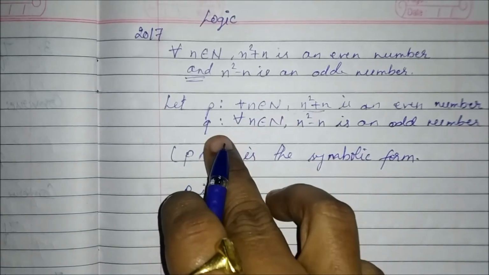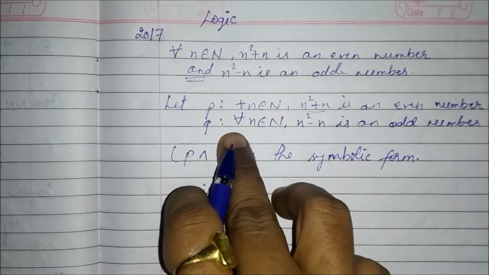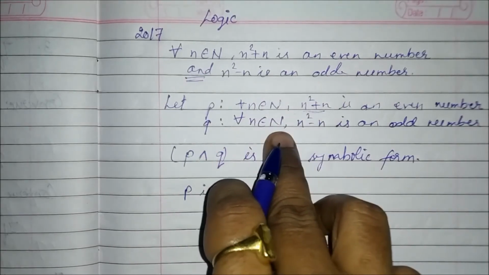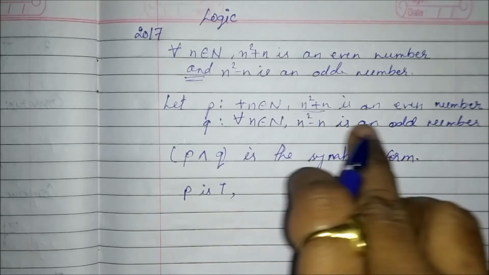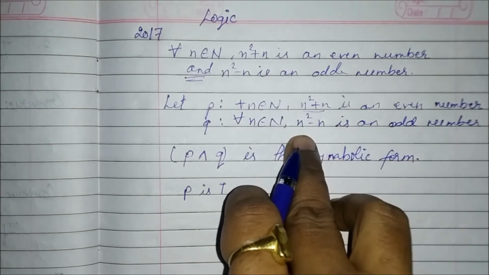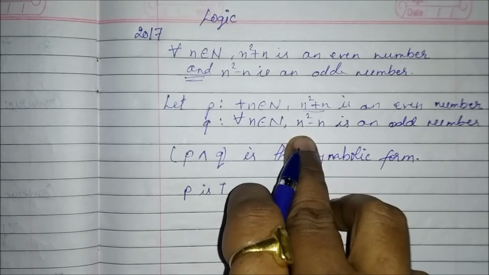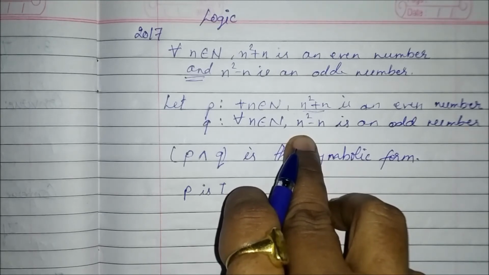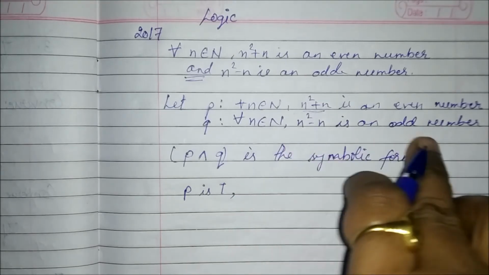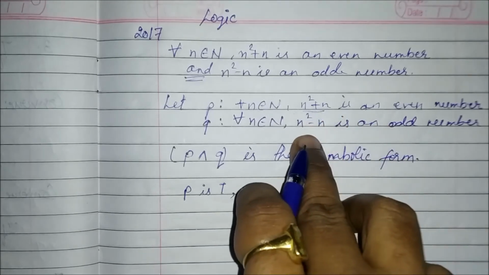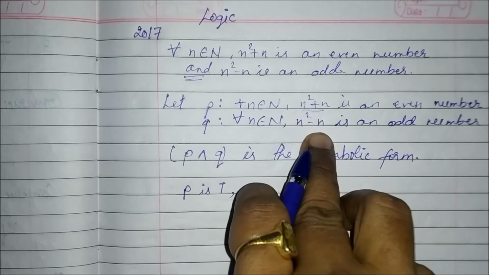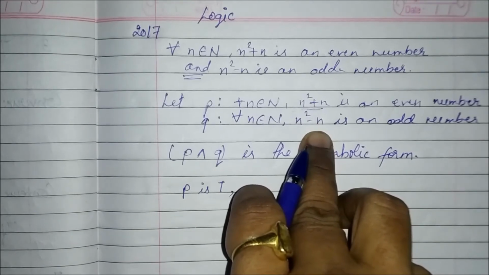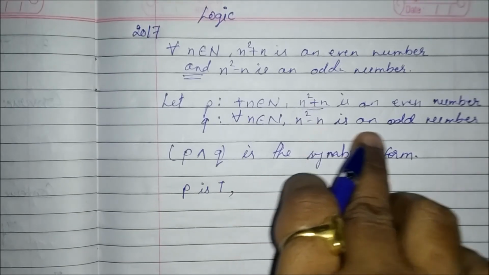Now we will check for Q. In Q we have, for every n belongs to N natural number, n square minus n is an odd number. So starting from 1, 1 square minus 1, 1 minus 1, 0, which is not an odd number, no? 0 is not an odd number. Now check for 2. 2 square 4, 4 minus 2, 2, which is even, not odd.